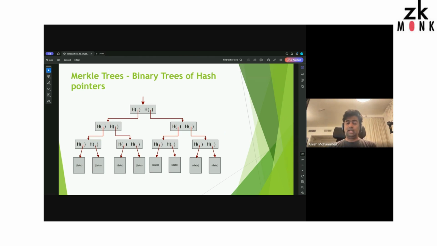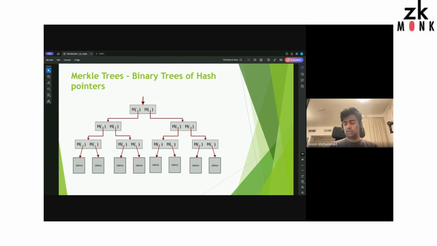Typically, this tree, in a binary sense, would have leaves at the bottom, which will be text blocks. Then you take hashes, and the first two of them are combined into the next block, the next two are combined into the next block, and so on. With 3 layers, that's 2 to the power n, so 8 leaves.